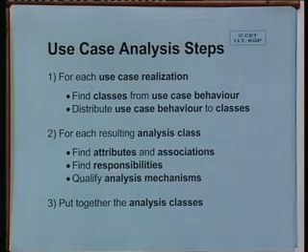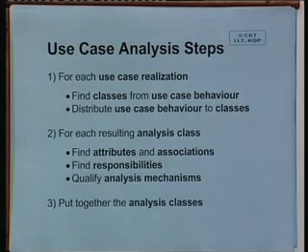So we have to find all these: the different analysis classes that come out of the use cases, the responsibilities, and finally the analysis mechanisms. We will discuss all these things in detail one after another, and how we put together the analysis classes. So this is the basic 3 steps of the use case analysis.